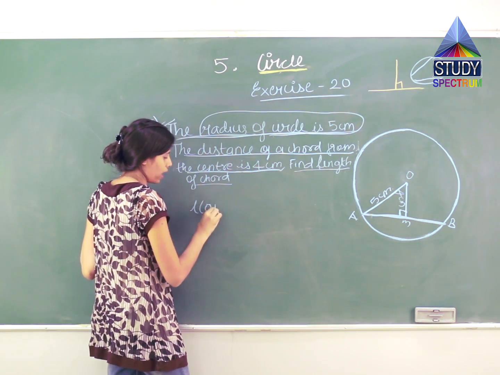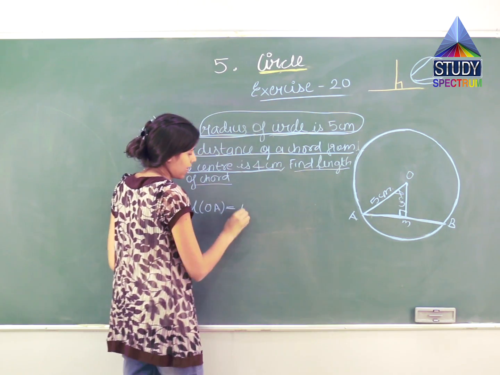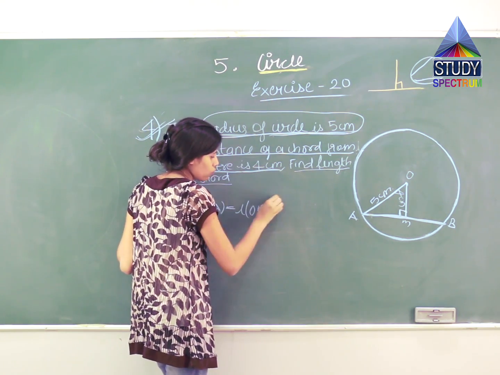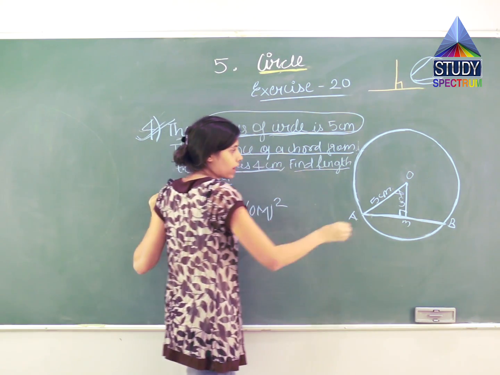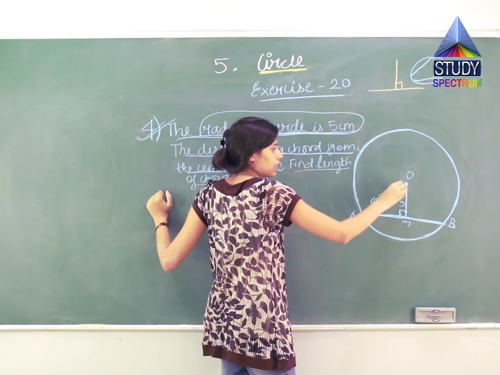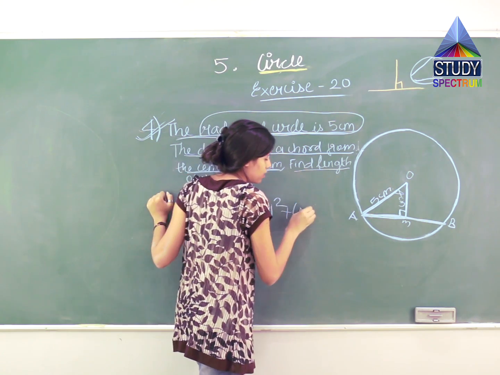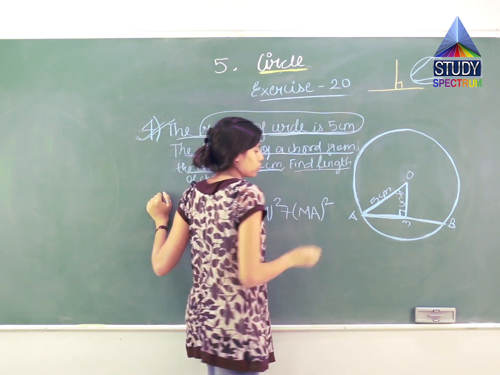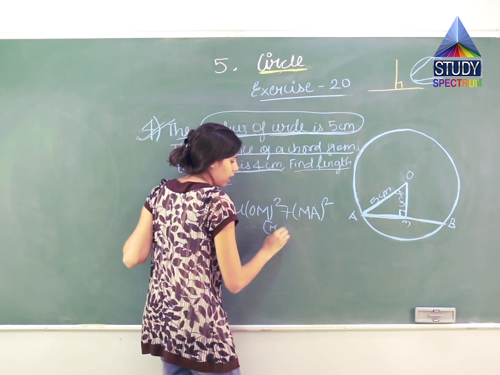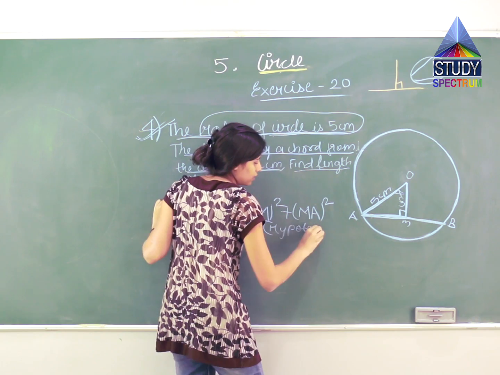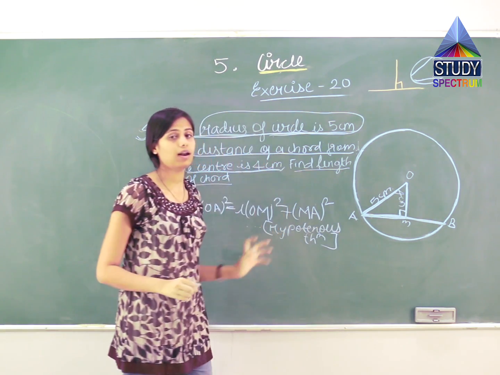Length of OA square will be equal to length of OM square plus MA the whole square. So this is the hypotenuse theorem. You can write the reason as hypotenuse theorem.